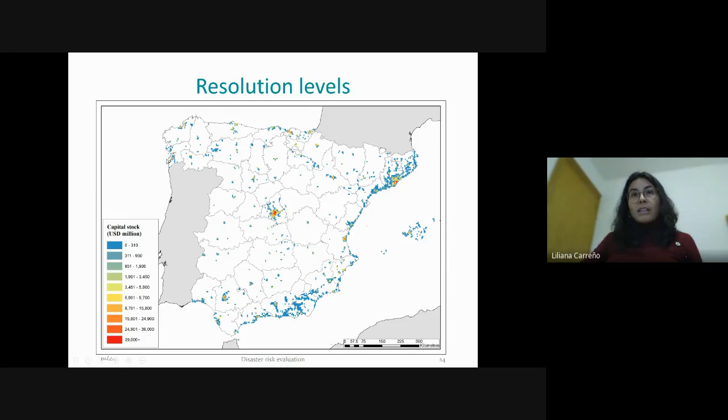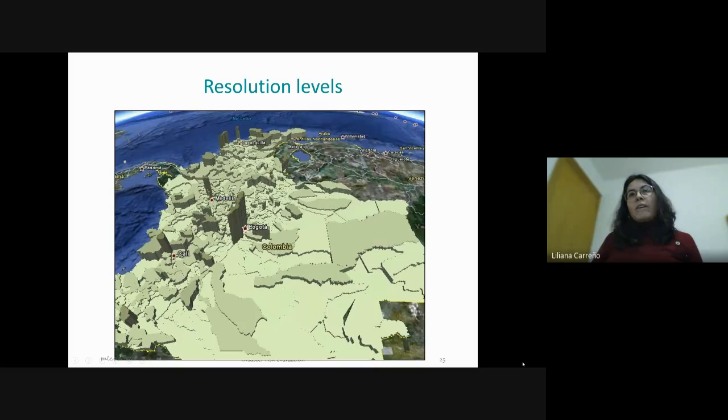And in this example, some areas were defined, and using the capital stock, they were evaluated, and you can identify the main cities in Spain here. Another example of resolution level is this one for a subnational level in Colombia, province by province.